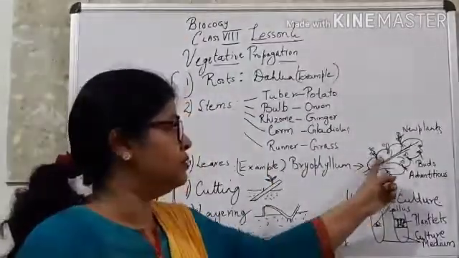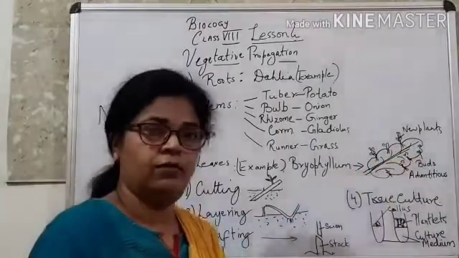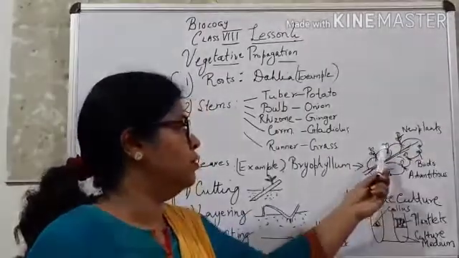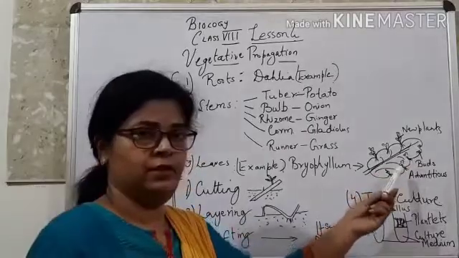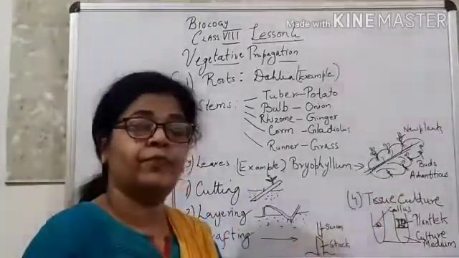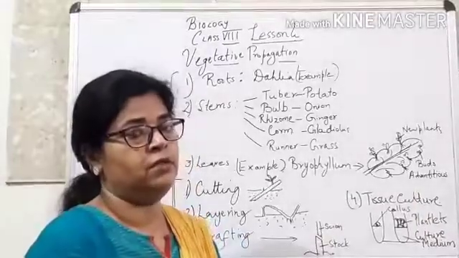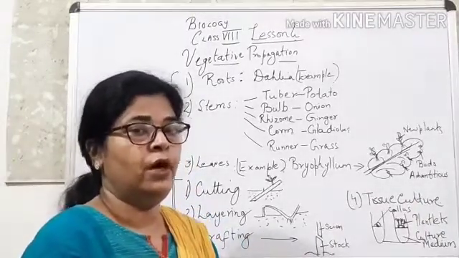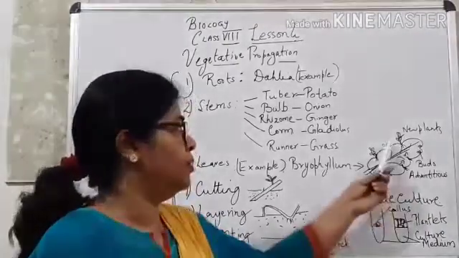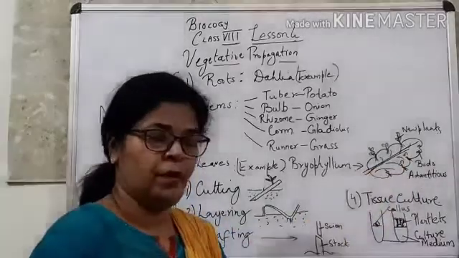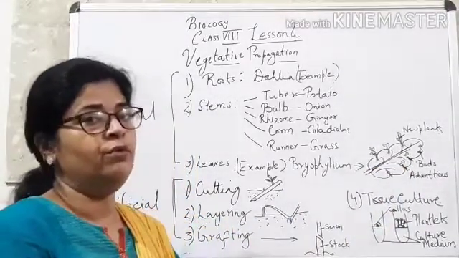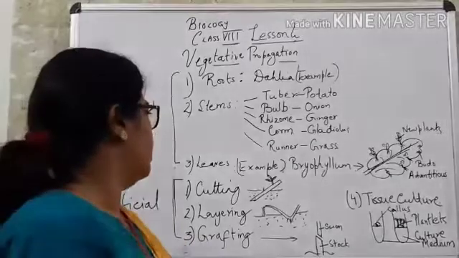Here the leaf has notches all around it, and these margins, dissected margins, have adventitious buds. These adventitious buds turn into young plantlets, and if separated from the parent plant, they form new plants.